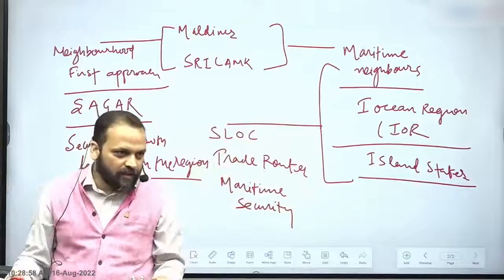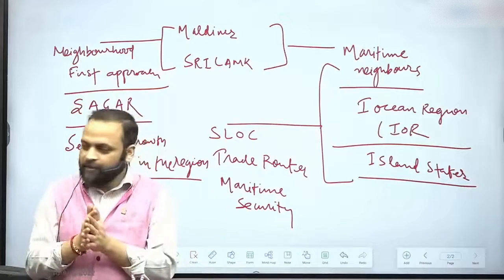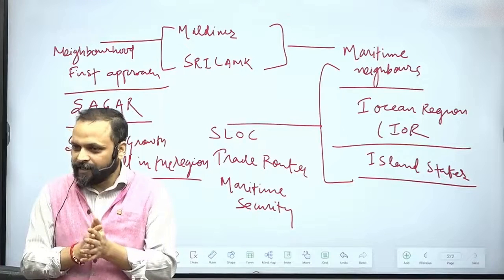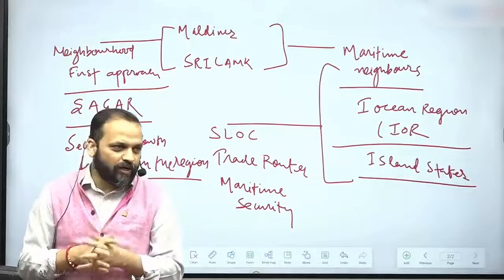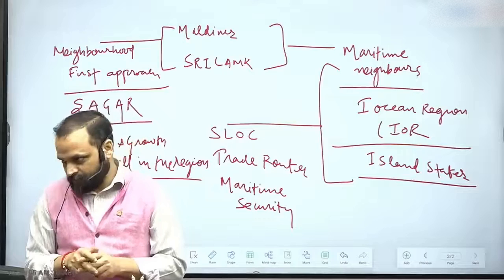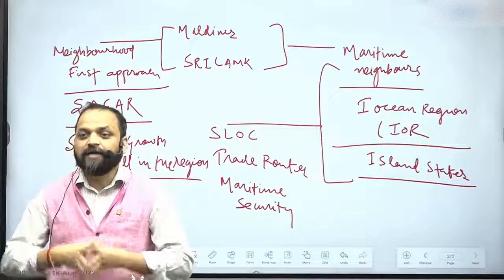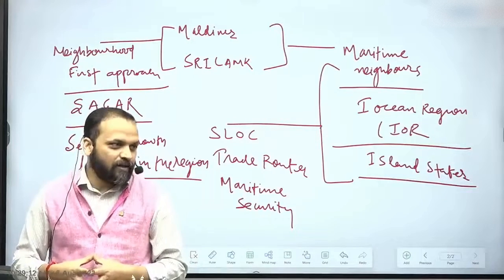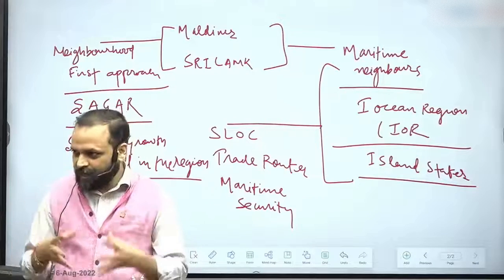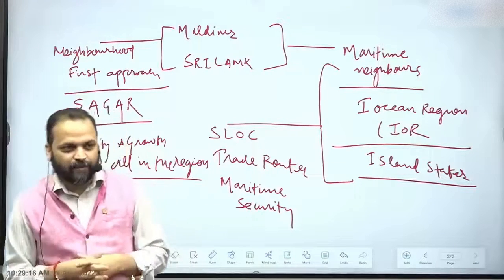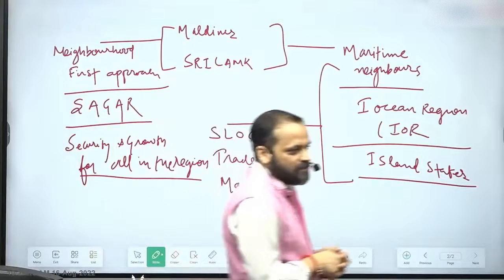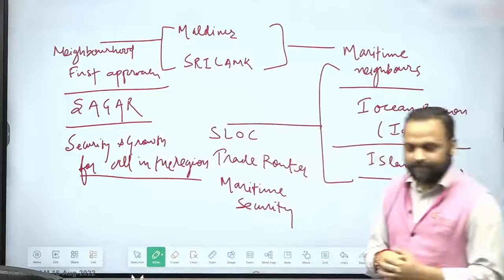What is Eurasia? The continuous landmass between Europe and Asia, where the most prominently located country is Russia. All right, but we are also part of Eurasia. So Mackinder said heartland, the one who controls the heartland, the Eurasian landmass, would be the most important power.